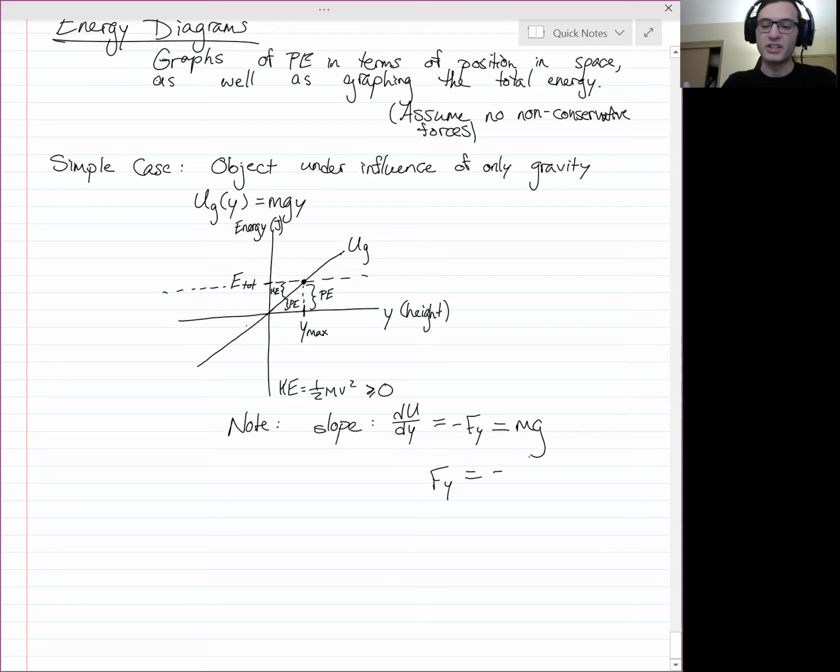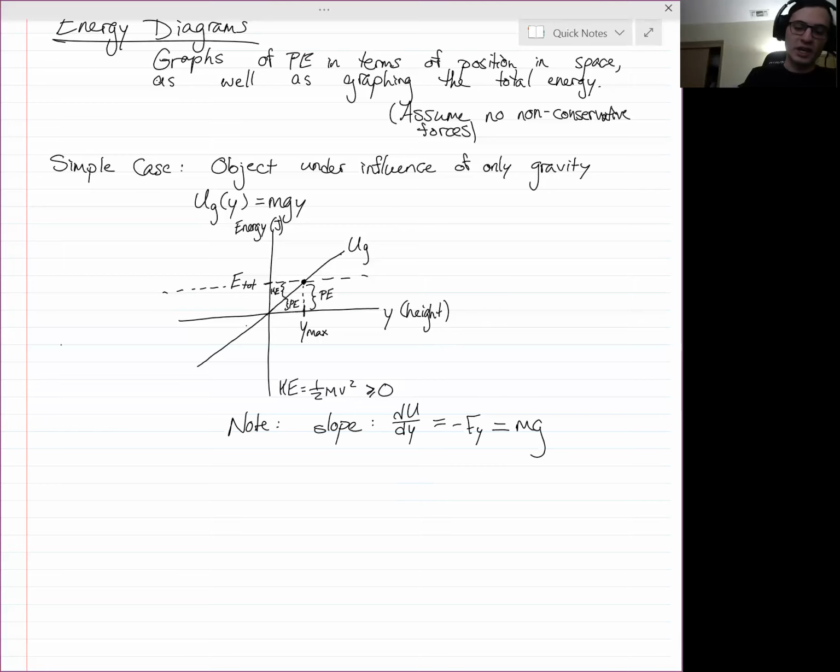The force is defined to be the negative partial derivative of U with respect to y, right? So we can rearrange that, put that sign over here. It's at the end of chapter 3, maybe 3.6, 3.7. And so basically the whole point here is that the slope is just the negative of the force, and that'll be important in a bit. It is the partial derivative of U in terms of y, which is the same as the regular derivative.